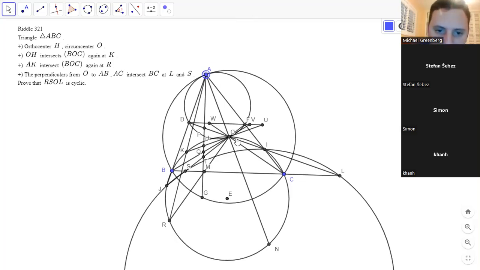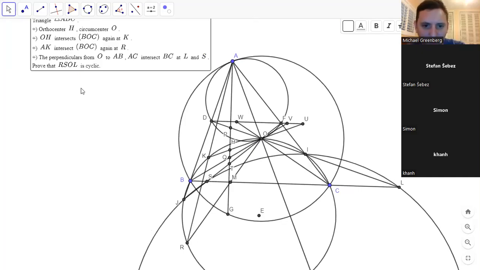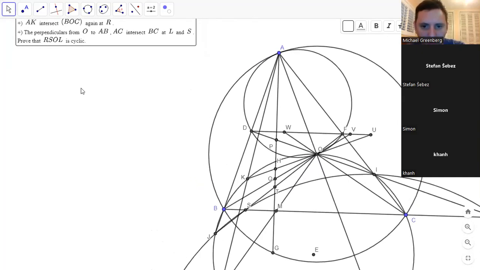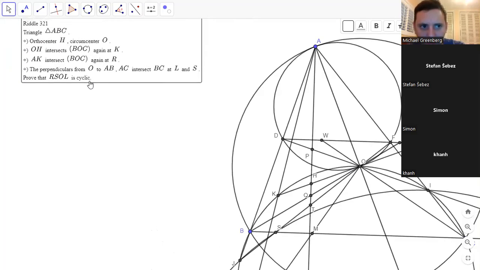So let's see if I can try your idea. So we want to see where BO and KO intersect this circle. I could try zooming in a bunch. Let's see.